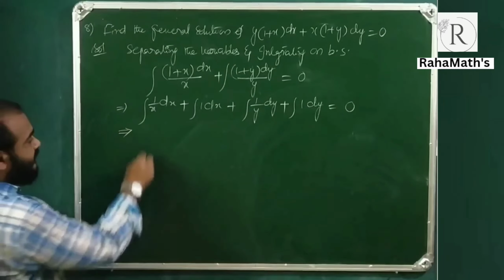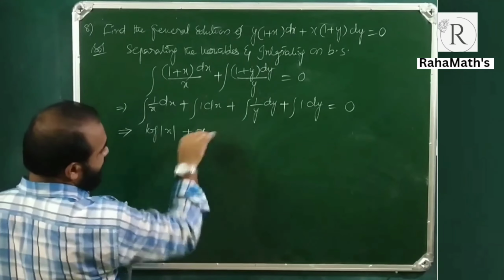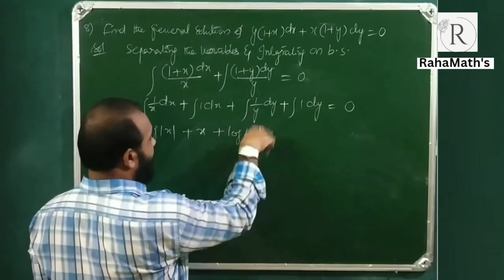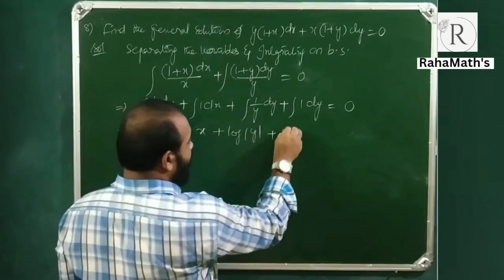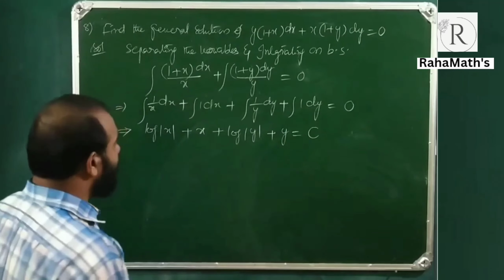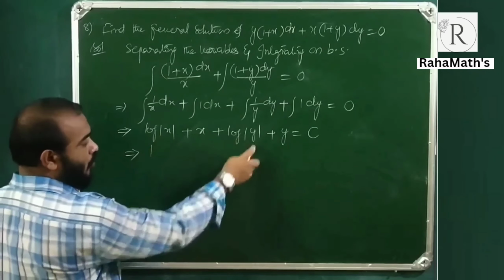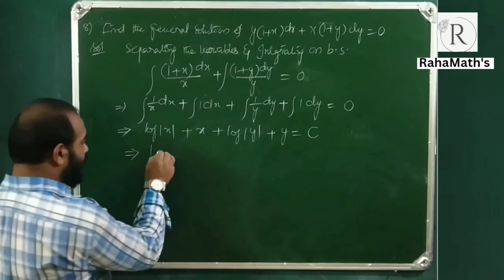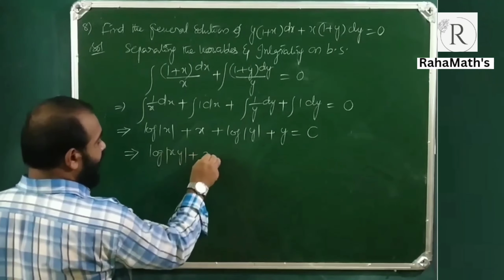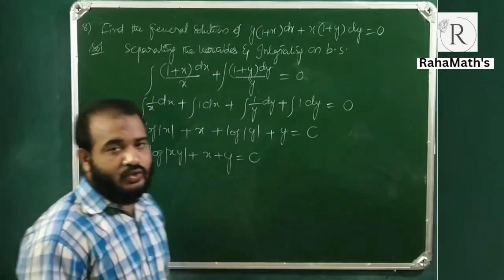Integral 1 by x dx is log modulus of x. Integral 1 dx is x. Integral 1 by y dy is log modulus of y. Integral 1 dy is y is equals to constant of integration c. So therefore this is log a plus log b is log ab. So this is log xy plus x plus y is equals to c is the required general solution.